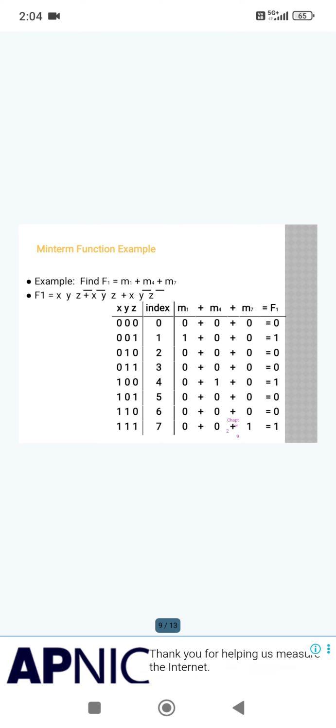Okay, for xyz, what is the value? Here we are going to create a table for this 8421 code. We are using only three variables, x, y, z.